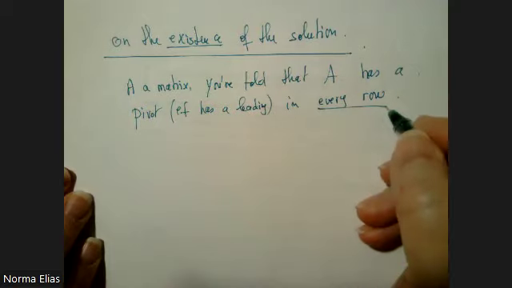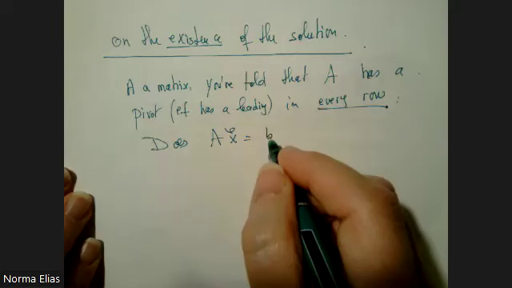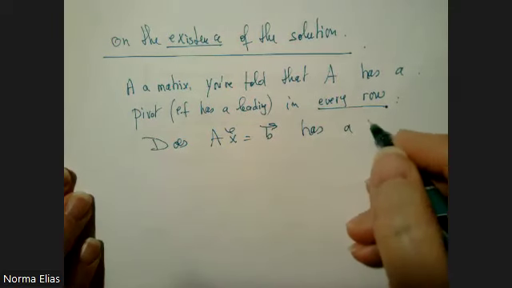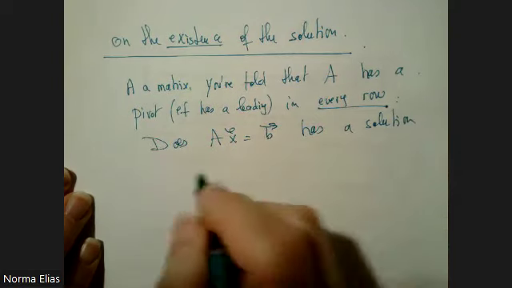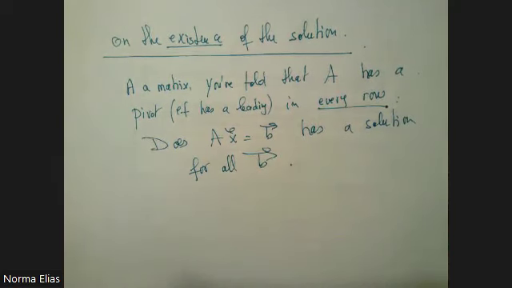So now suppose a pivot in every row, does AX equal to B have a solution, regardless of what B is? Yes or no? So suppose you have a matrix and the coefficient matrix has a pivot in every row. Can we guarantee that the system has a solution for all B? I want you to imagine a picture in your mind a little bit before we discuss this.